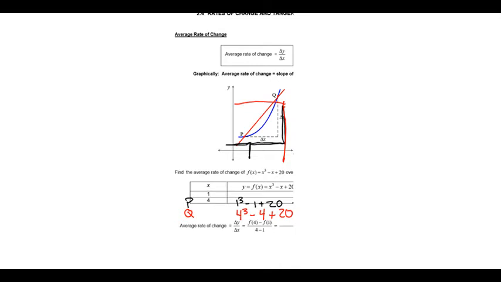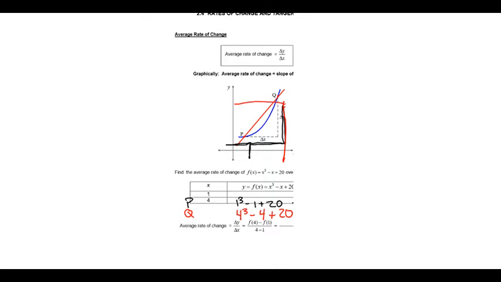So what we want to do now is find the average rate of change. So we want our delta y, which is our y values from our highest endpoint minus our lowest endpoint, and delta x, which are our x values from our highest endpoint minus our lowest endpoint.